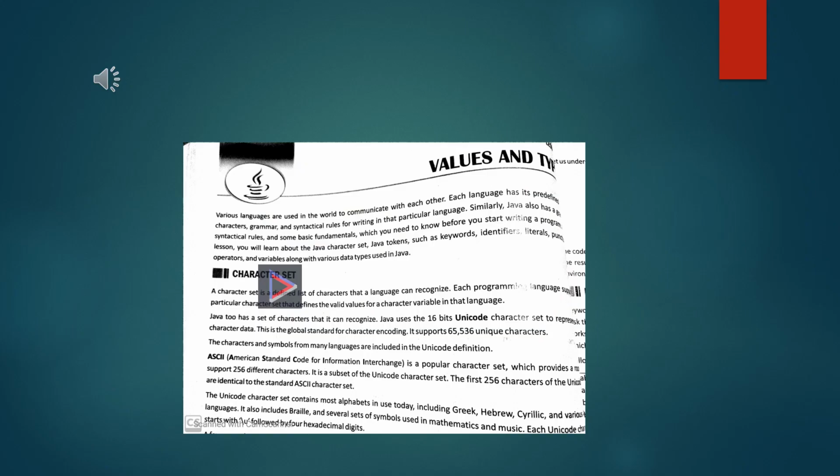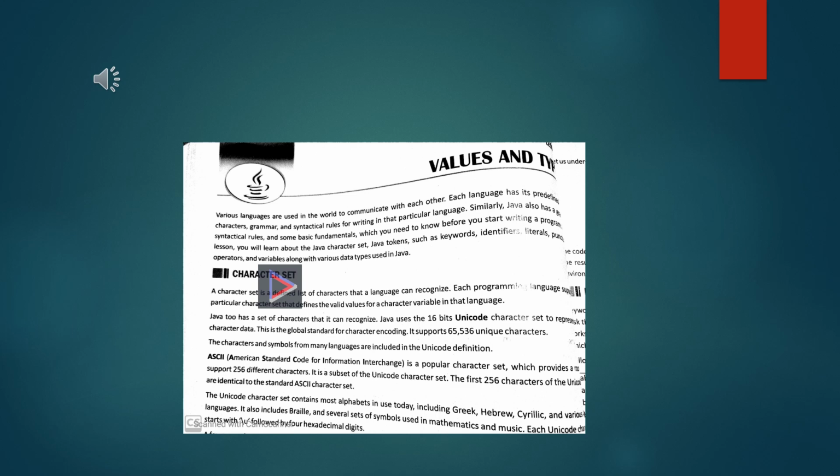Now you understand the uses of the character. So look, we discuss the character set, and what actually it is. It defines a list of characters for a language that it can recognize. Each programming language has its own character set that defines a valid value for a character variable in that language.